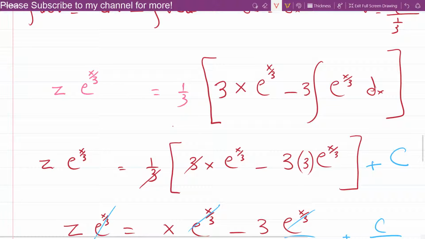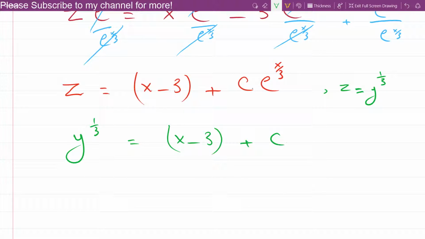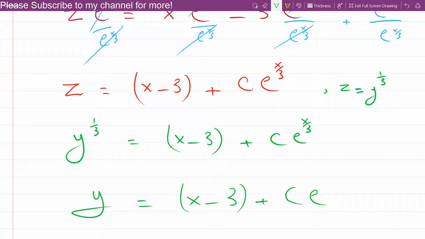This is the substitution I started with, and if I just cube both sides so I can solve for y, I would get y equal to x minus 3 plus c e to the x over 3, the whole thing cubed.